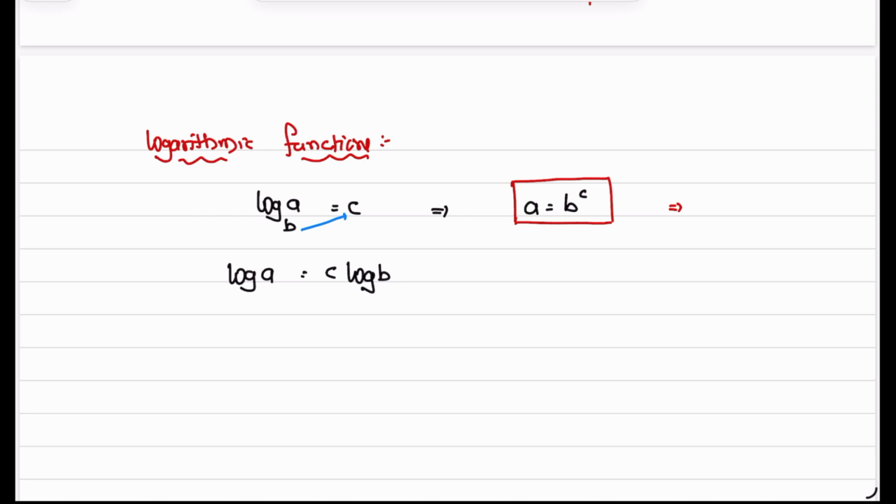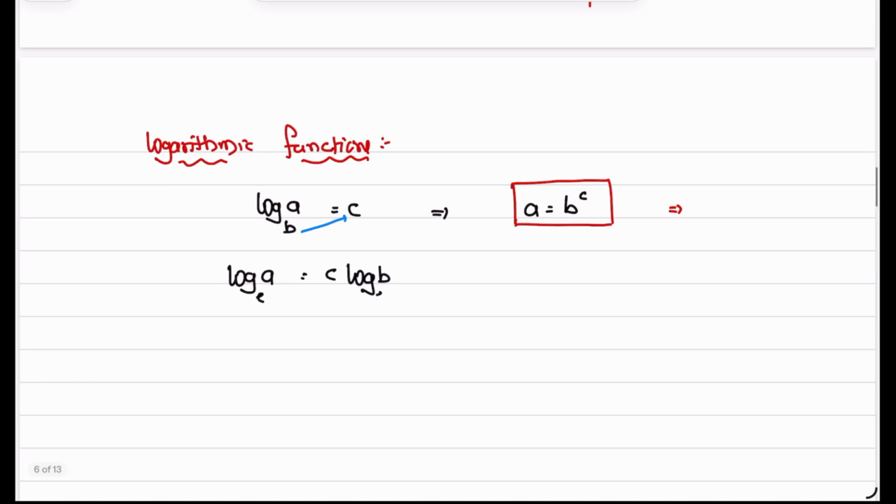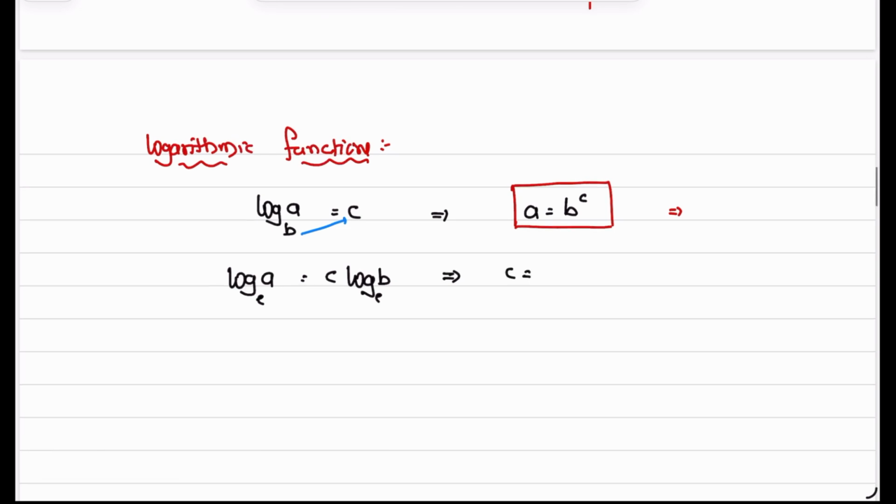If the same base is used, let me say e, you just see, I have changed the base. Here b is the base, now I have changed the base. Now I have taken the logarithm of this equation. Then it implies, you just see, c is equal to log a to the base e divided by log b to the base e.